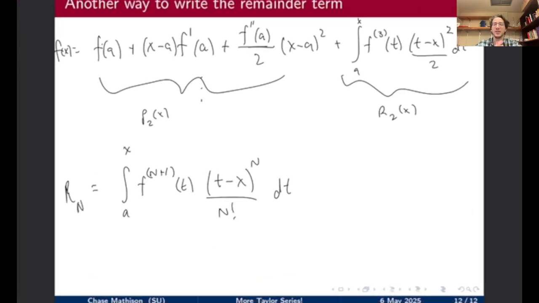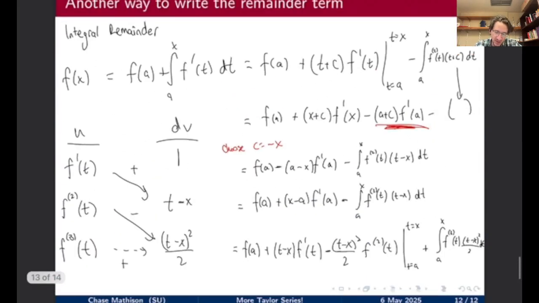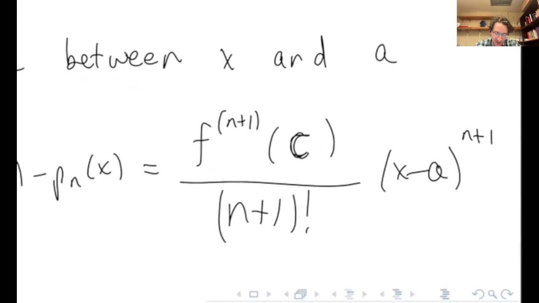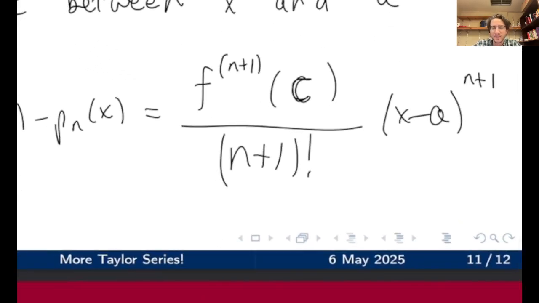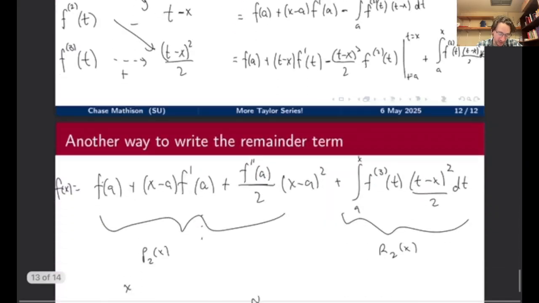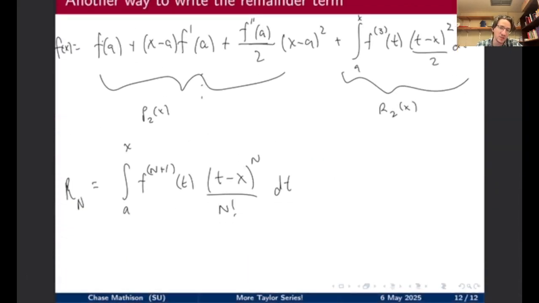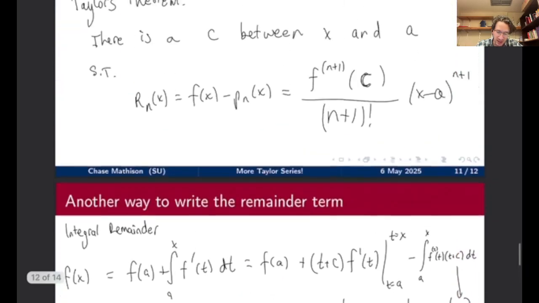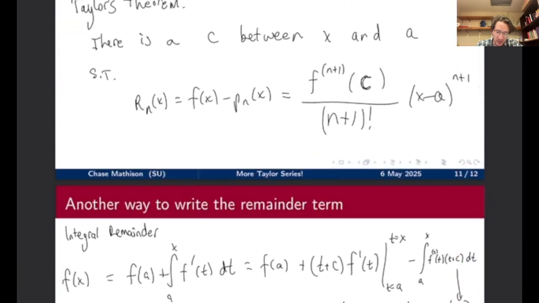And again, you can use the mean value theorem for integrals to actually write this a little simpler. But most of the time in practice, this is the version that you work with, just so you know. Okay, so that's that. And also, you can use this integral form to get to Taylor's form of the remainder.